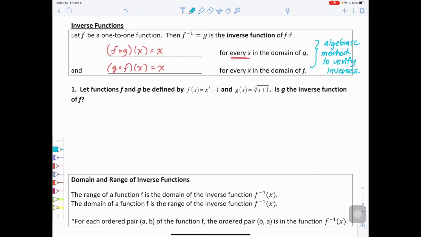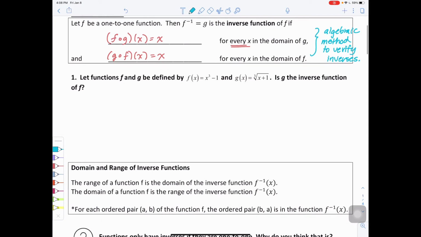Okay, so let functions f and g be defined by f of x equals x cubed minus 1, and g of x equals the cube root of x plus 1. We want to see if these are inverses of each other. The first thing we're going to do is check f composed with g of x. That's f of g of x, and g of x is equal to the cube root of x plus 1.